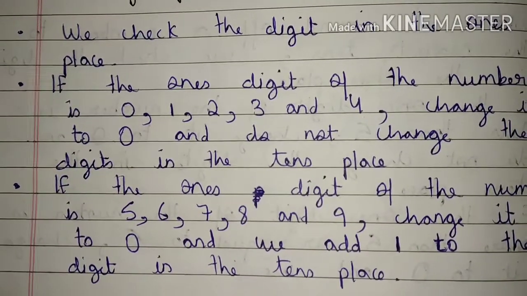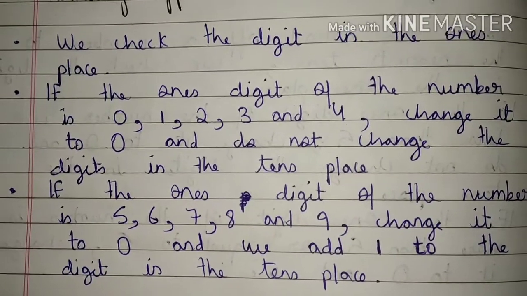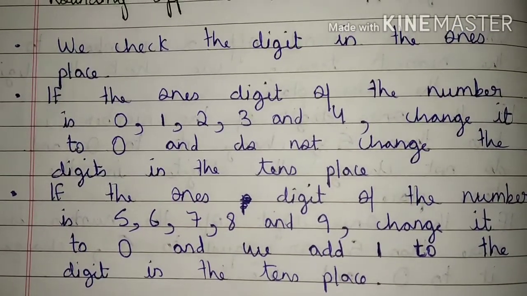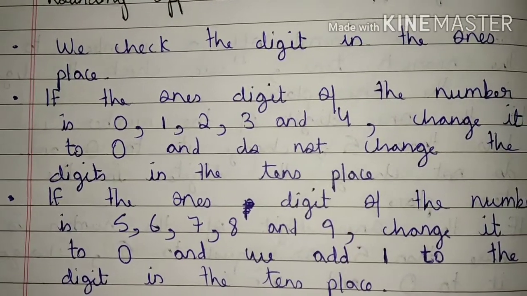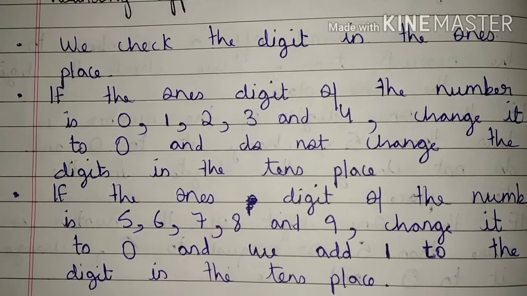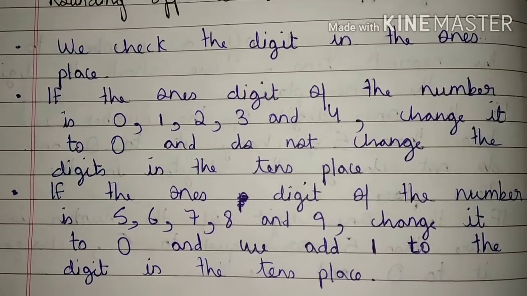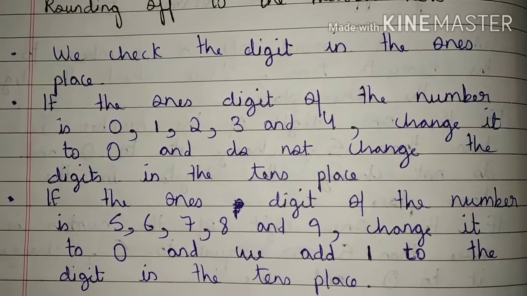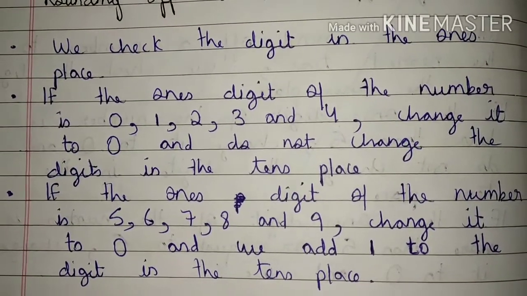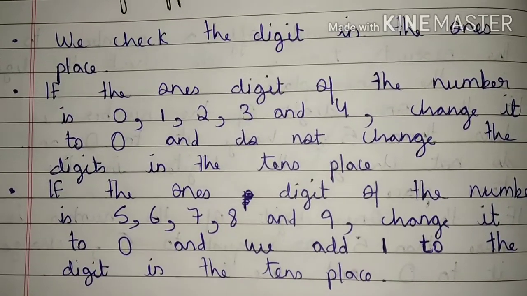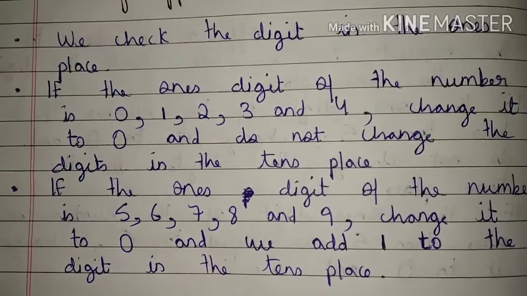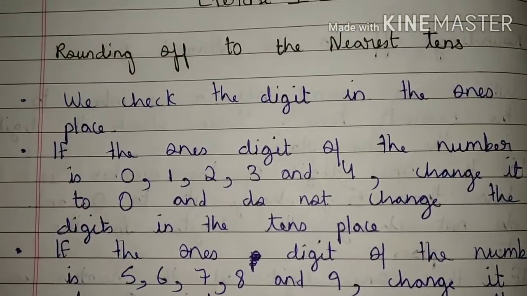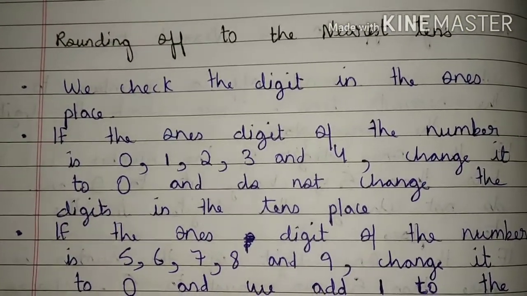If the ones place digit is 5 or more than 5, that is, 5, 6, 7, 8 and 9, then you will write 0 in the ones place and you will change the digit in the tens place also. You will add 1 to the digit in the tens place. So students, these are the basic rules for rounding a number to the nearest tens.